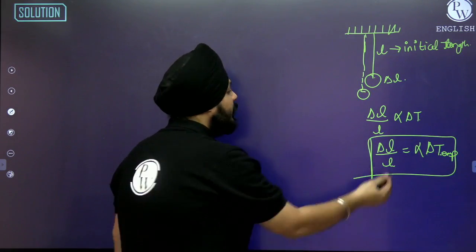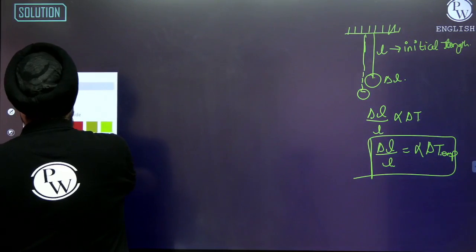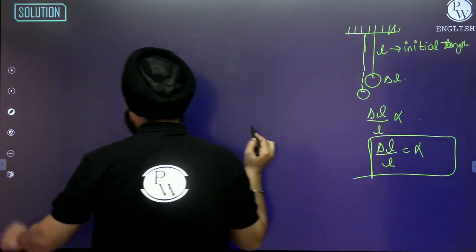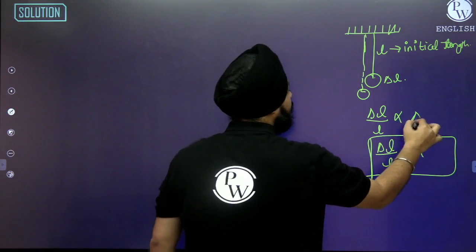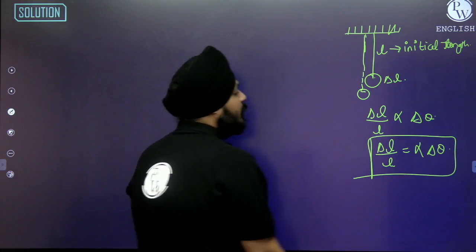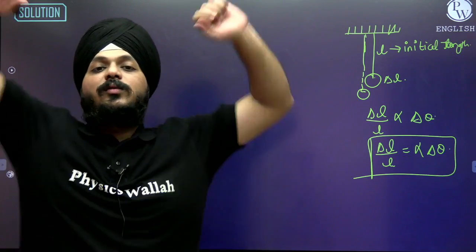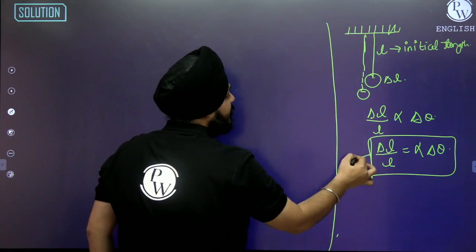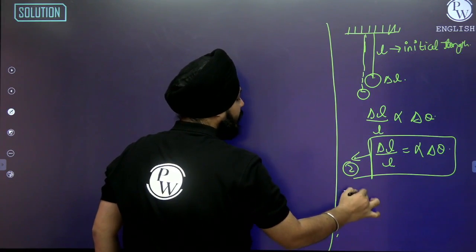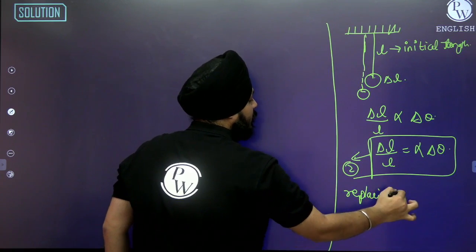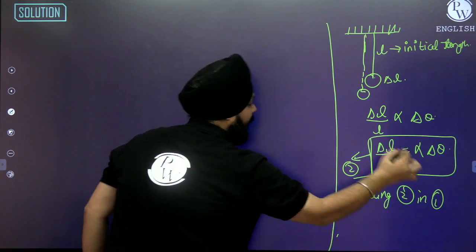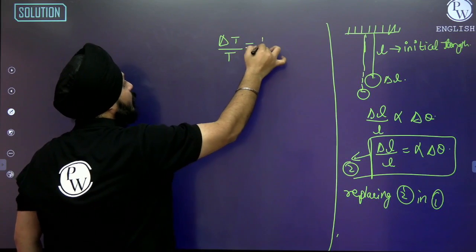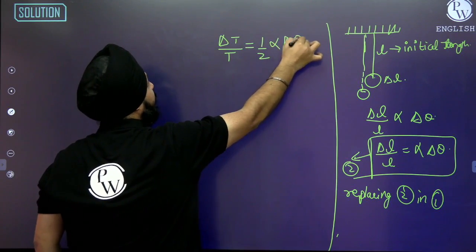If you want to change it, we can write it as delta theta, because we have two similar symbols. Consider this as equation number 2. Replacing 2 in 1, what do we get? Delta T by T is equal to half alpha delta theta.